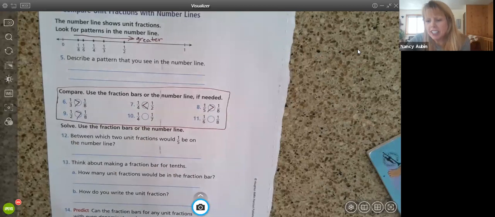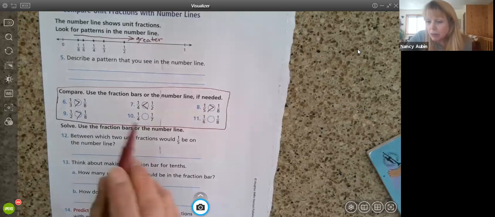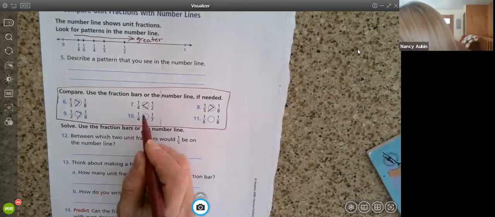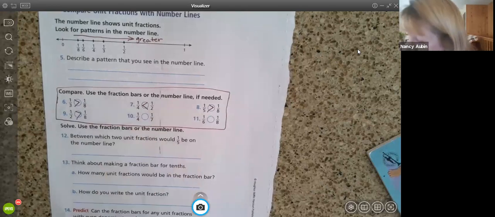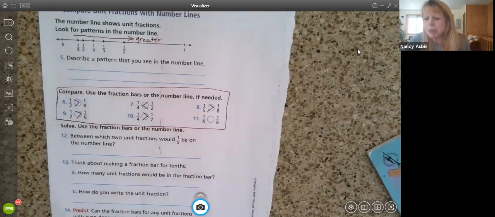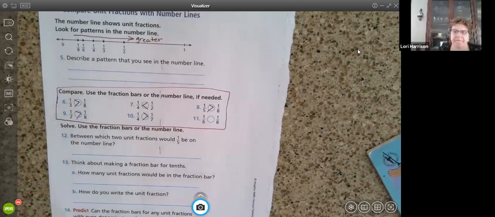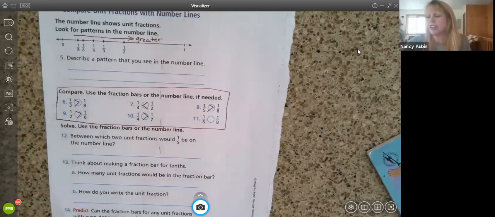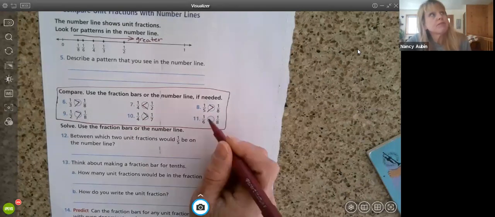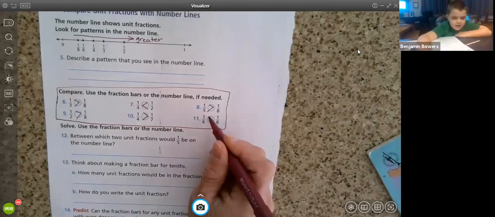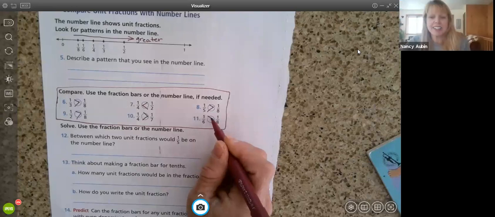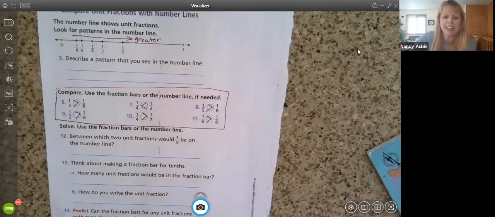You're muted. Which one? 1/4. Yay, you're making my day. And number 11, Mr. Bowers, 1/6 or 1/8. Which would be greater? 1/6. I think you guys have got it.